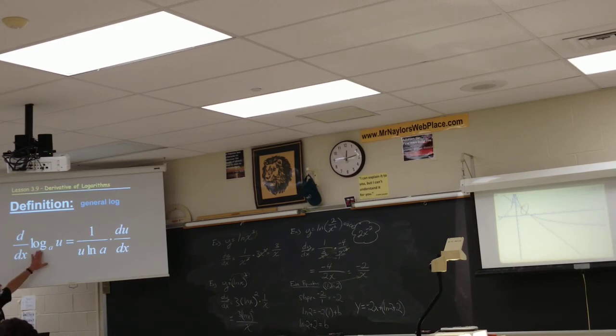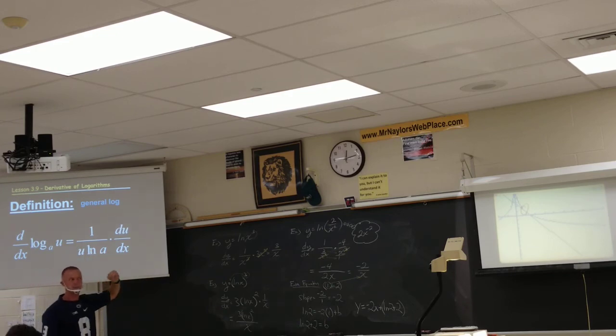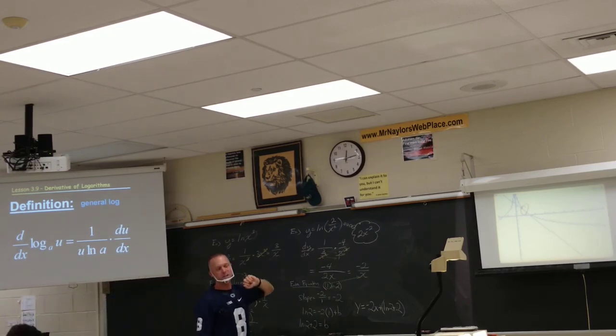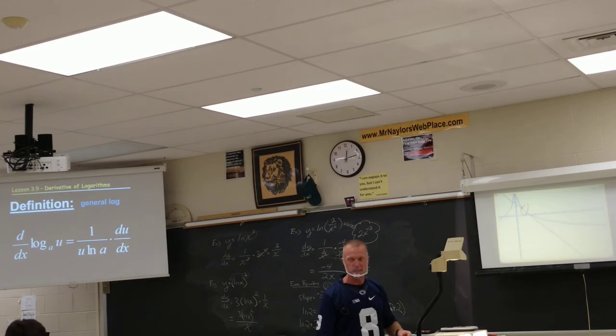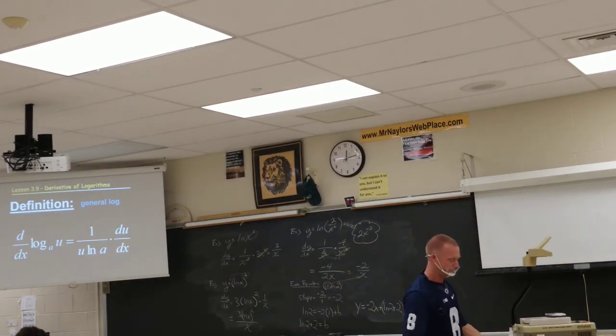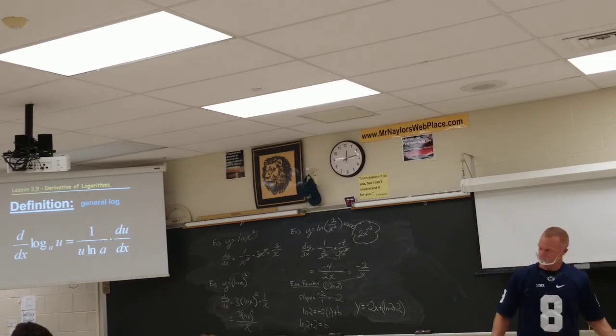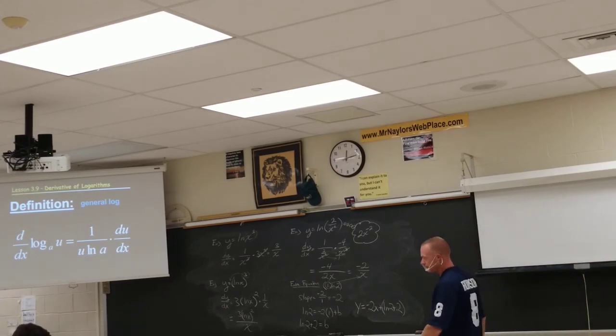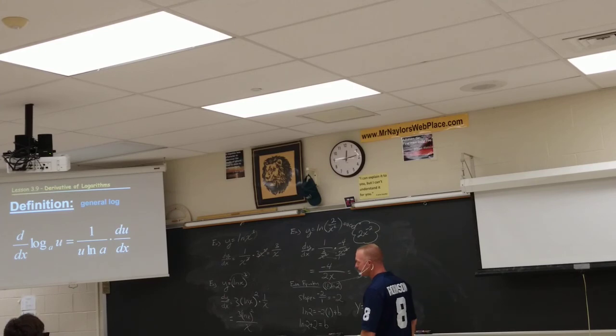So we're doing the derivative of what we call a general log. Now, a general log is not specifically a natural log. It's not specifically an ln. But look, it's still 1 over u.